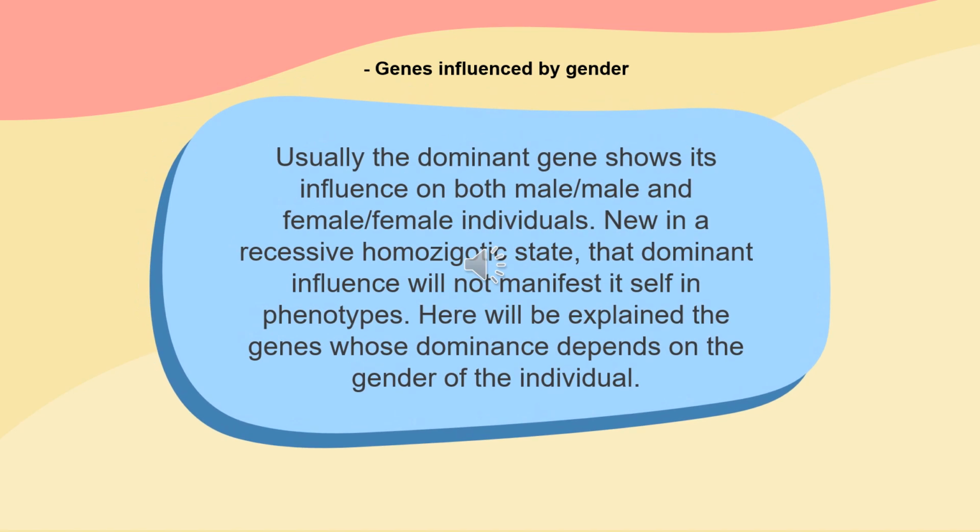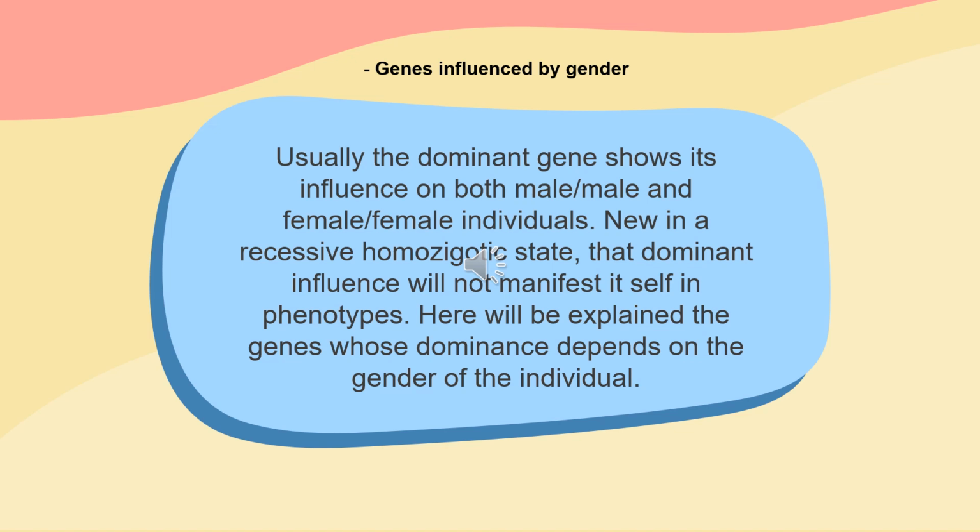Then the second kind of perfect and imperfect sex linkage is genes influenced by gender. Usually, the dominant gene shows its influence in both male and female individuals.